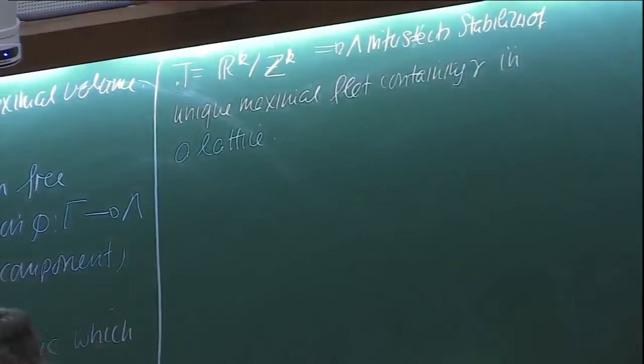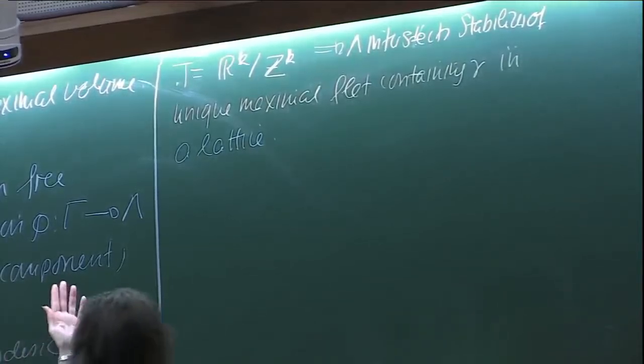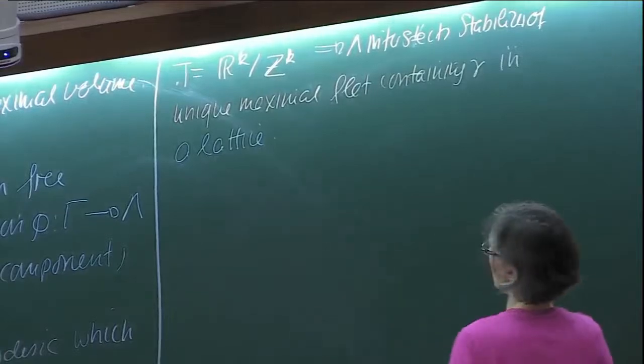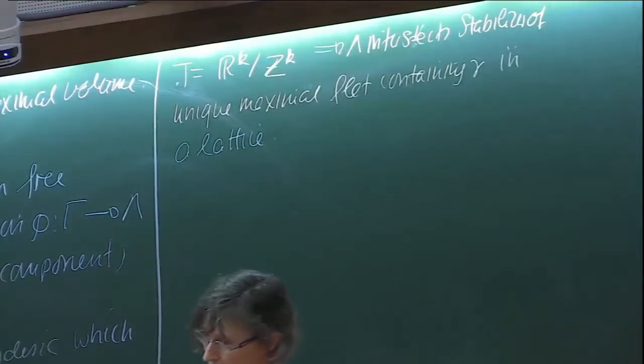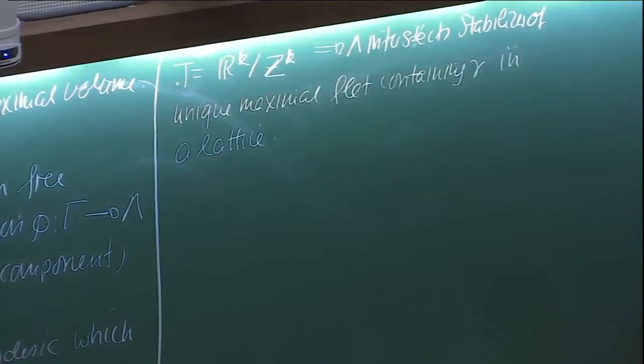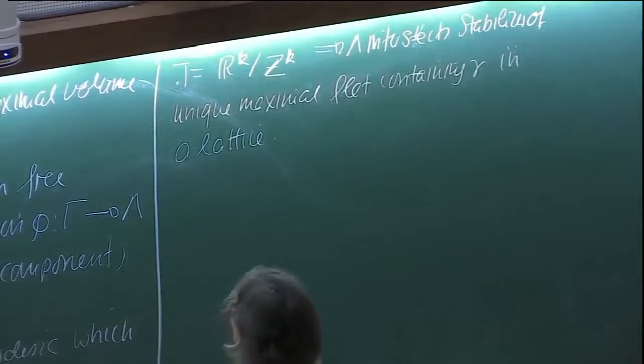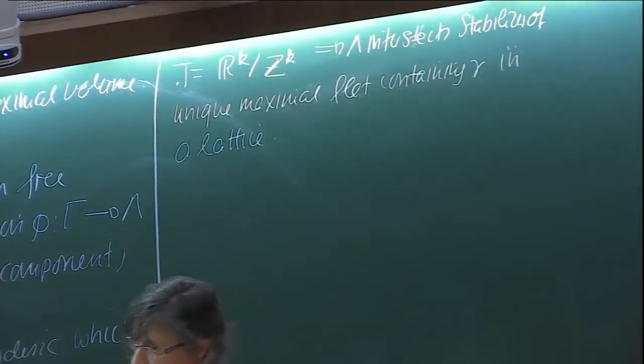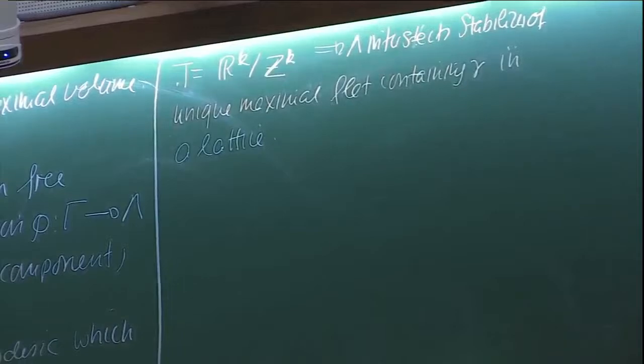So here we have this beautiful picture that we have a totally geodesic embedded R^2, or R^k, in the symmetric space. You look at the stabilizer, and the stabilizer intersects the lattice in G in a lattice. That's very nice. And this way we produce such a torus. So what I'm saying here is as soon as you see a closed geodesic, you see a torus. So this means that this locally symmetric manifold is populated by tori.